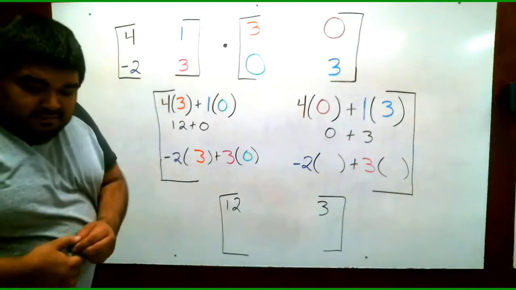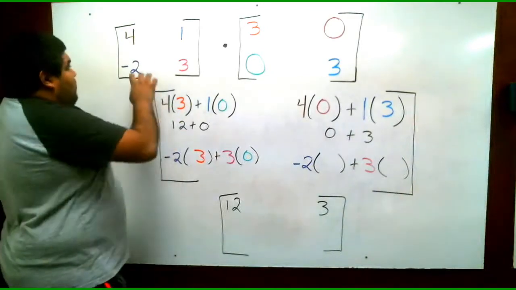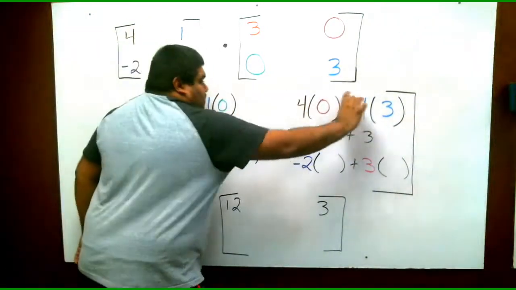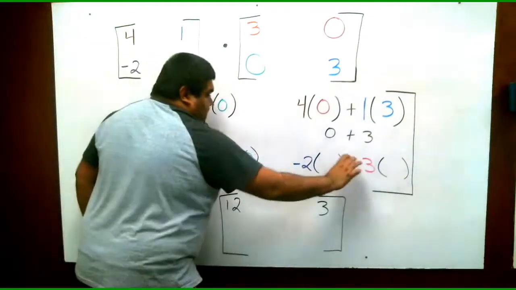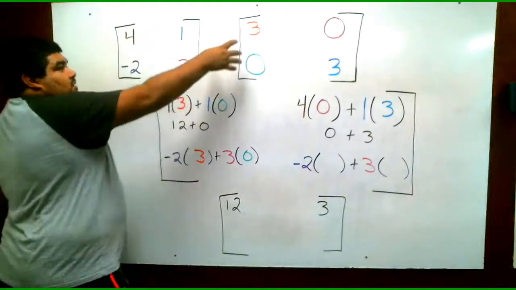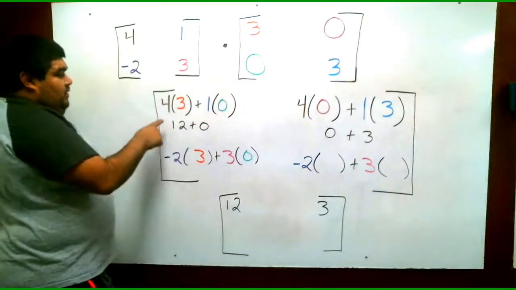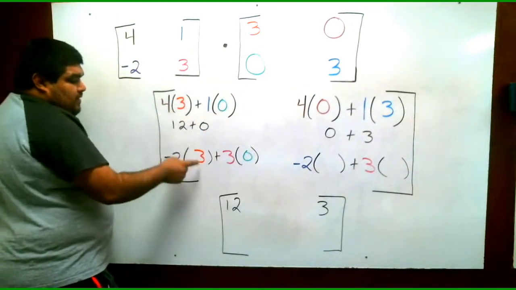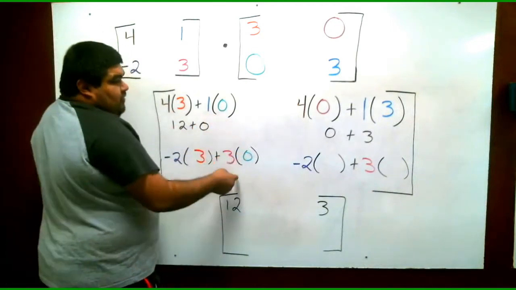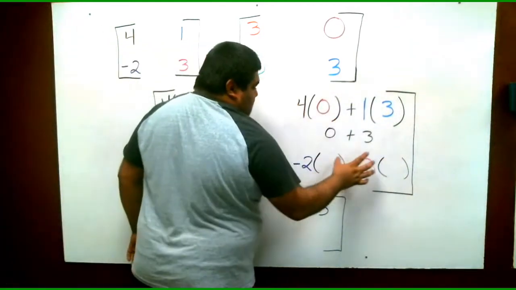Notice that now the pattern: you have your row set up on both, and your column that you're multiplying set up as well. You have the same pattern for both, 3 and 0. So well, guess what this is going to be?